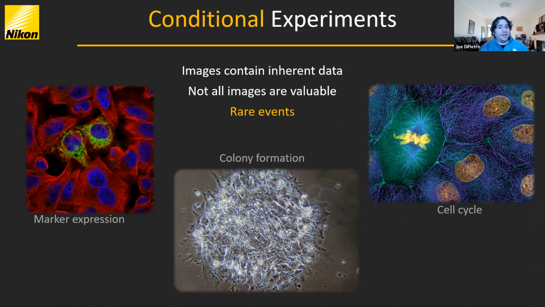You might be interested in rare events that only occur a few times out of thousands of cells. You might be interested in specific reactions that only happen a fraction of the time.